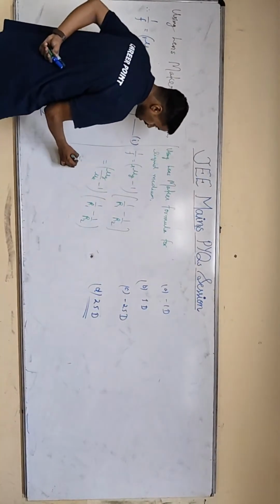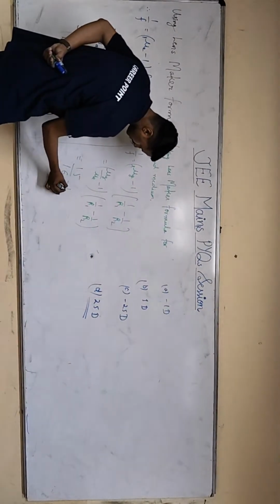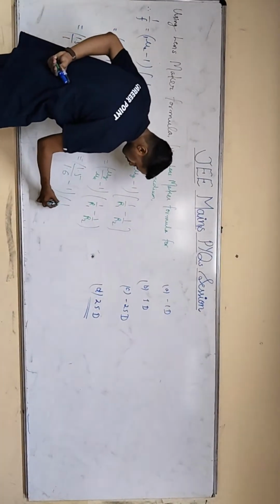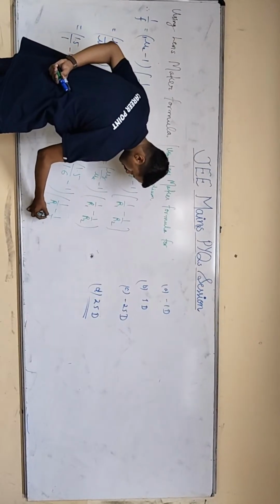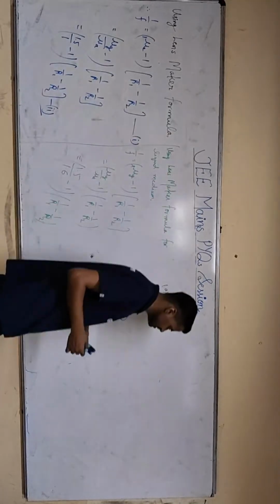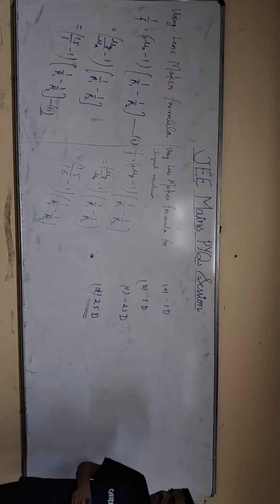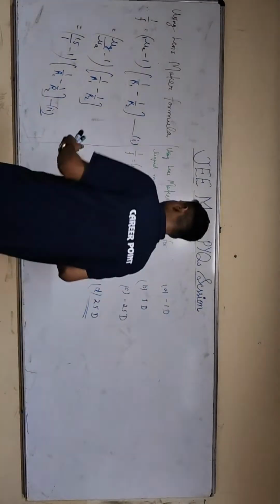So numerically, 1.5 upon 1.6 minus 1, into 1/R1 minus 1/R2. Note up to here. This is equation number 3.